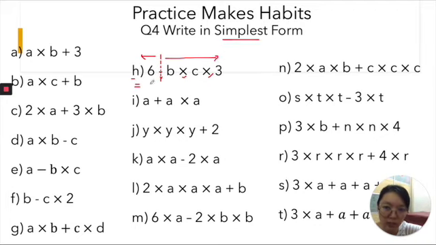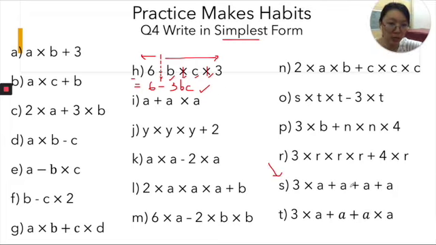There is only 6 here. 6, put it down. And minus. Then I have b times c times 3. Throw away the times. Put a number first, 3. And then I have b and c. Put it down. My answer is 6 minus 3bc. Are they like terms? No, they are not. So this is the final answer.